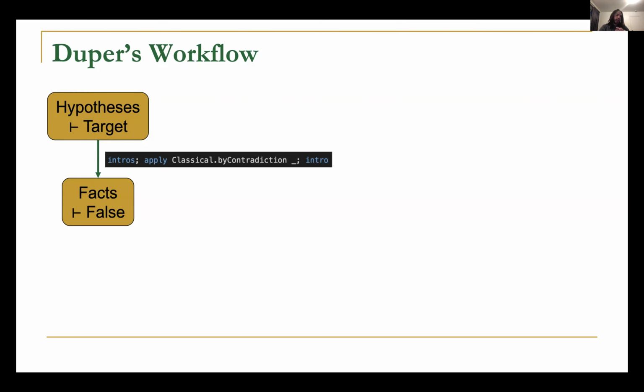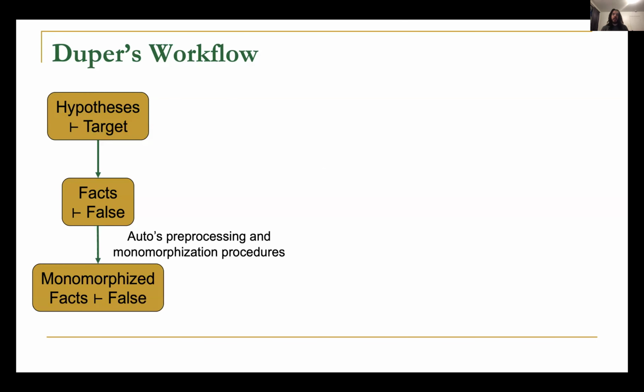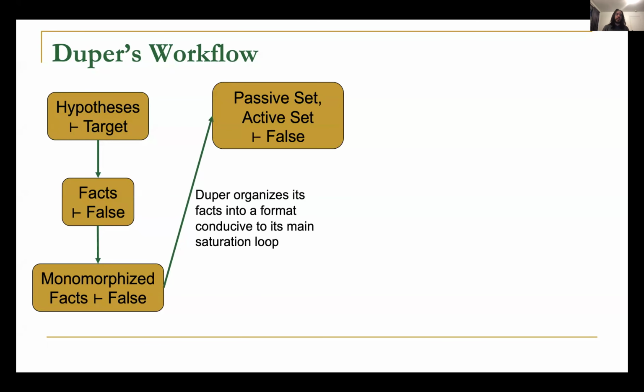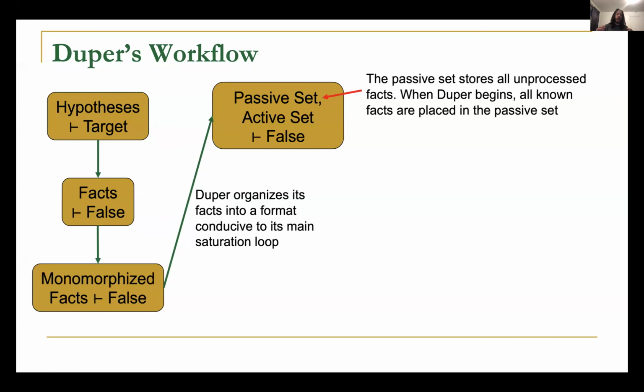After Duper has collected all of its facts and is trying to derive a contradiction, it'll call Lean Auto's pre-processing and monomorphization procedures to turn the problem into a fundamentally first-order or higher-order problem. Then Duper will organize the facts into a format that's conducive to its main saturation loop. It will create a passive set and an active set.